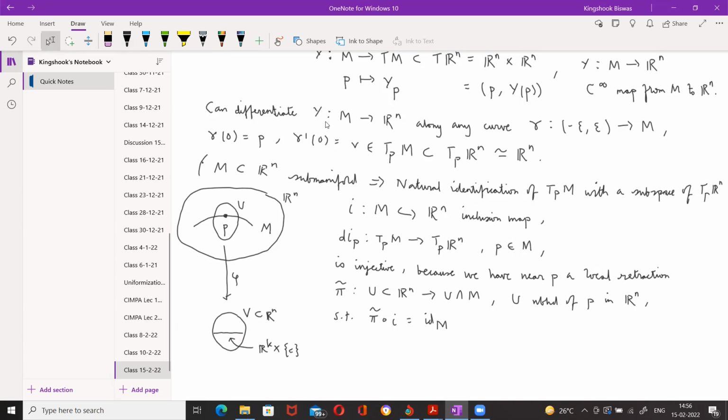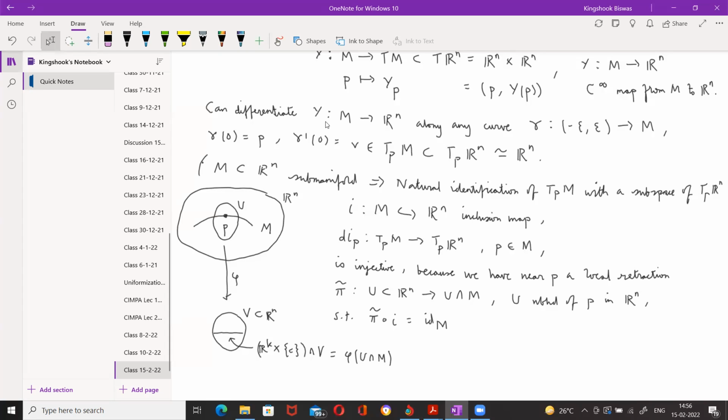This intersect V is equal to phi of U intersect M. This is what it means to be a submanifold. Is this clear?